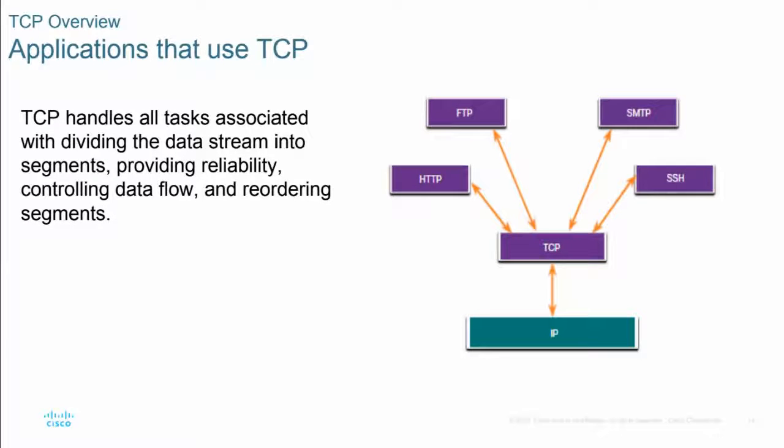These are the applications that rely on TCP: FTP, HTTP, SSH, SMTP. They rely on TCP because it provides them with reliability, data flow control, and reordering of segments.